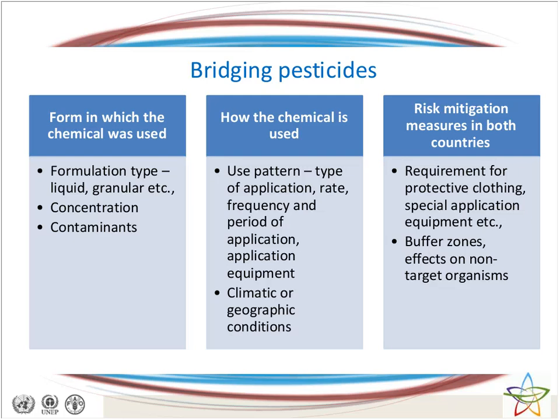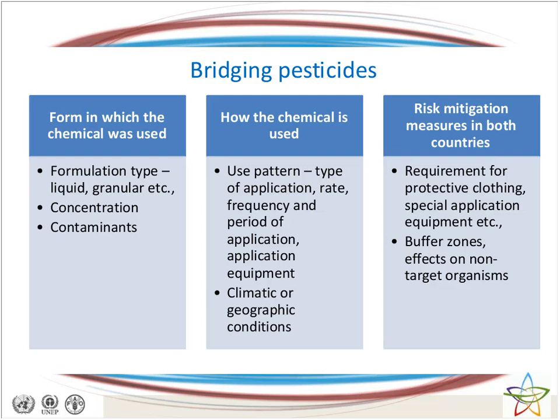And then when it comes to bridging information on exposure, it is very important to describe use patterns, type of application, the rate, the frequency, the period of application, and the type of equipment used, because that shows how the population is exposed. And this is for human exposure.